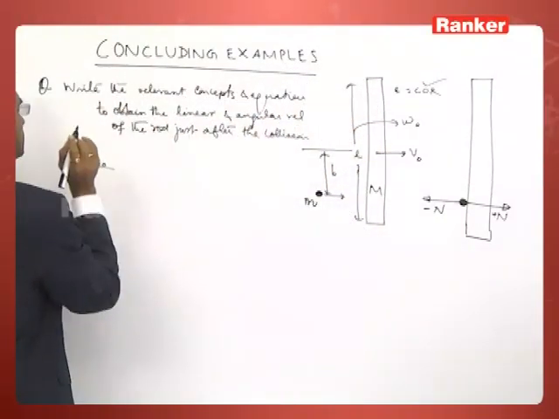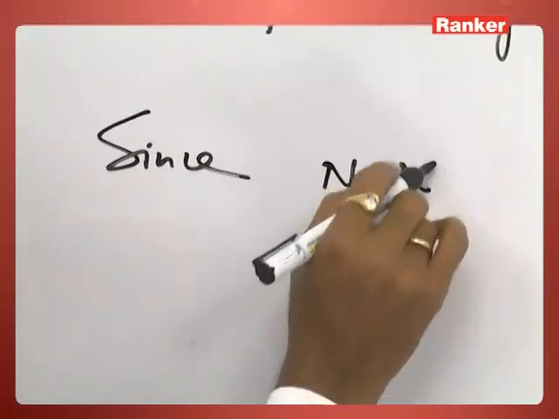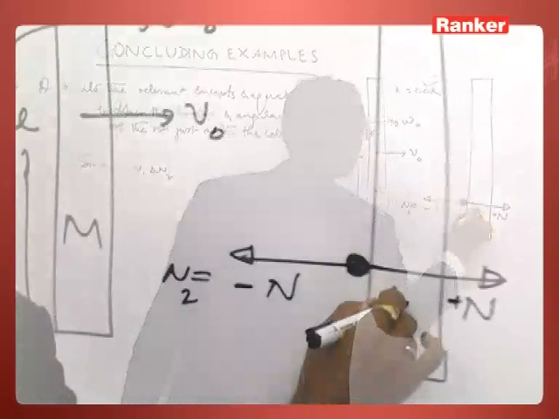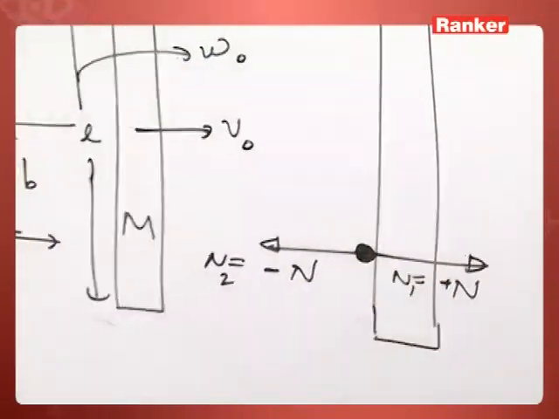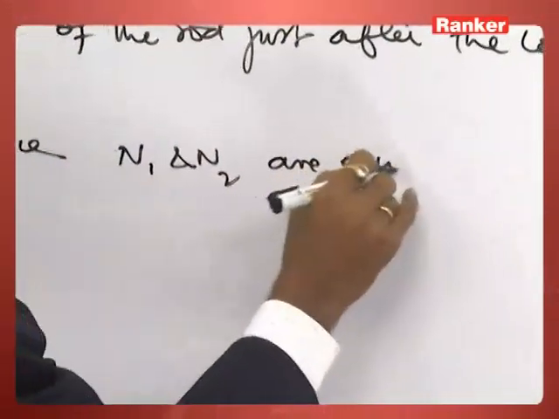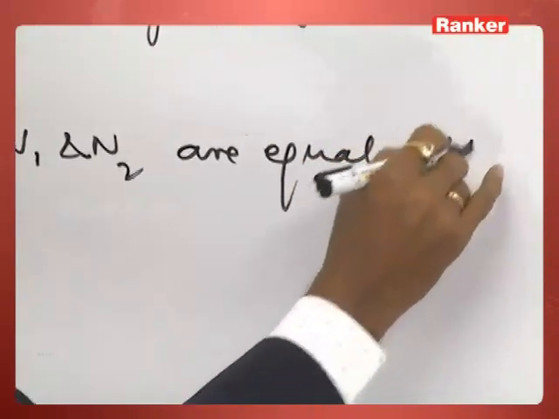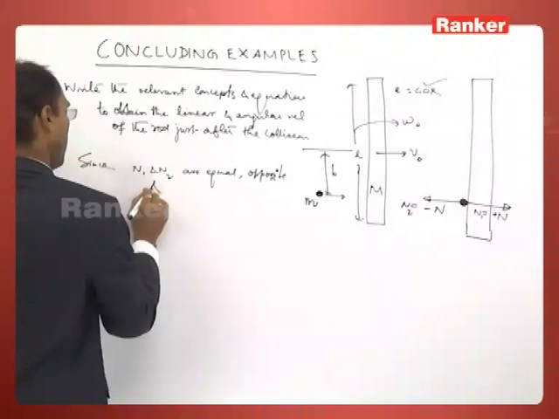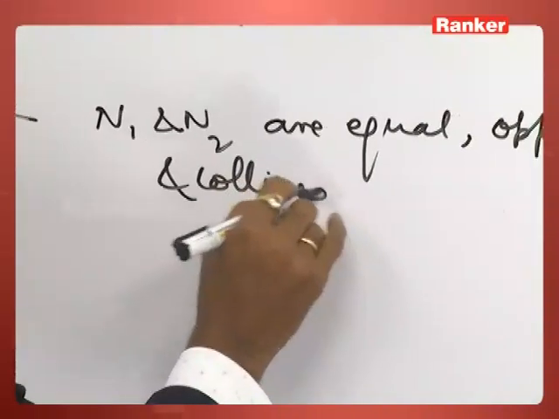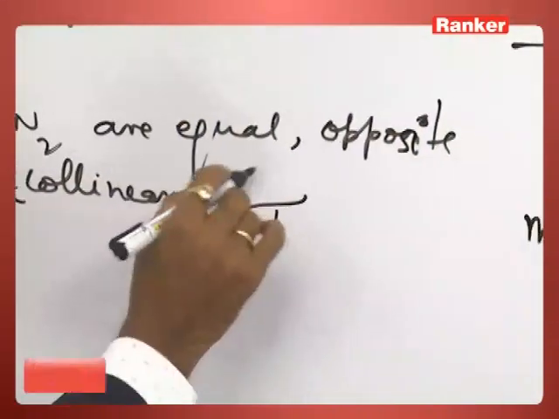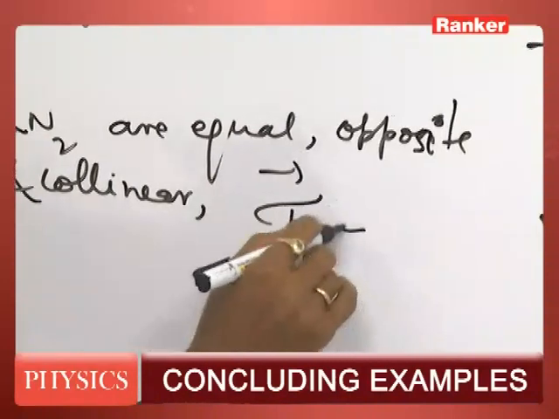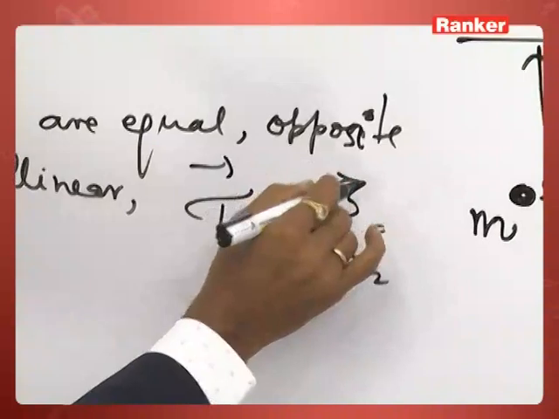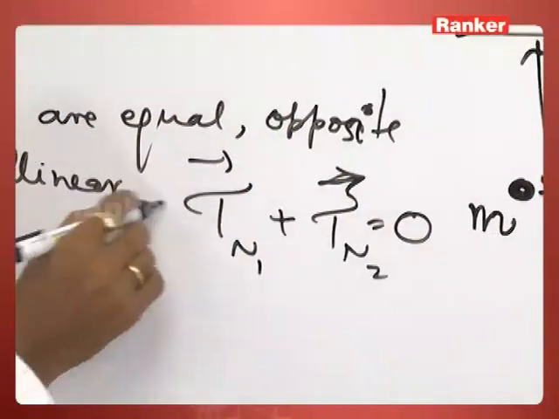Since N1 and N2, let it be N2 and this is N1, are equal, opposite and collinear, their torque, that is equal to the sum of the torques produced by these two forces, will be equal to 0.